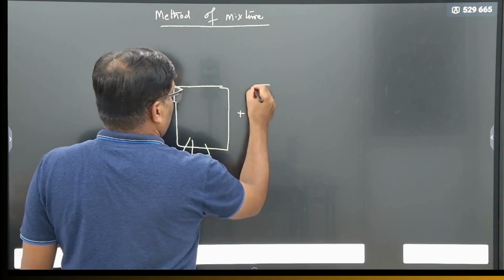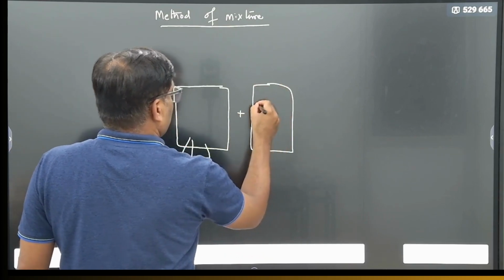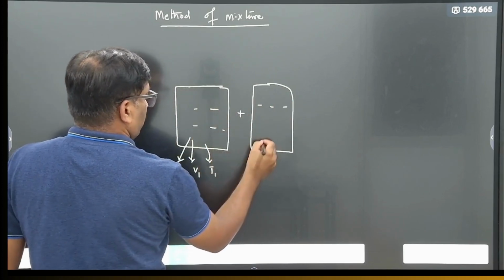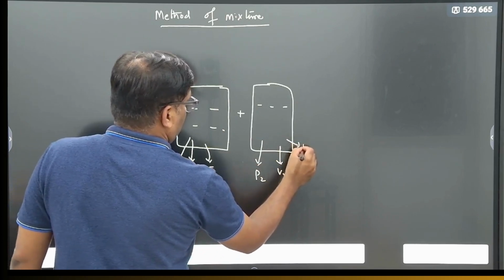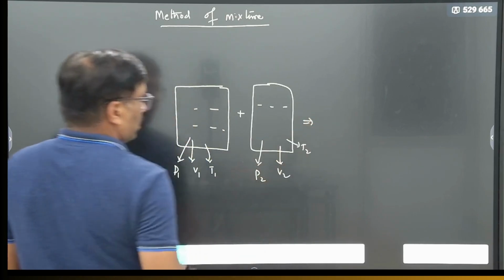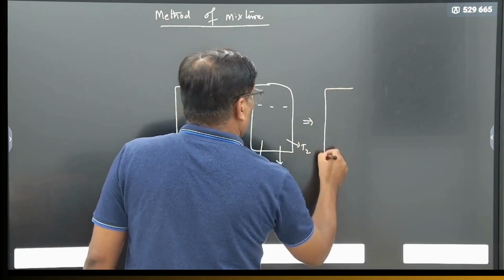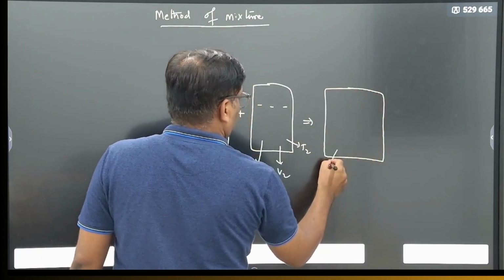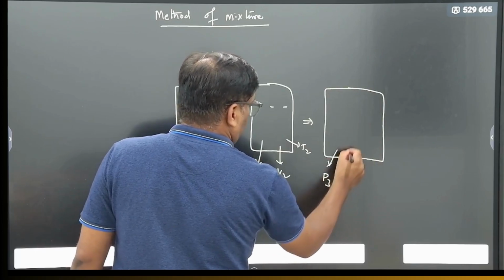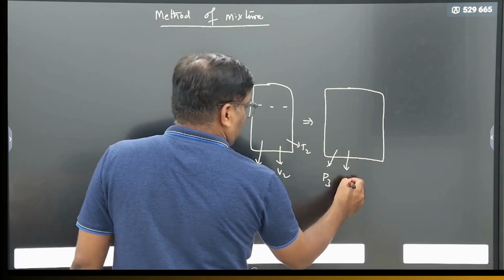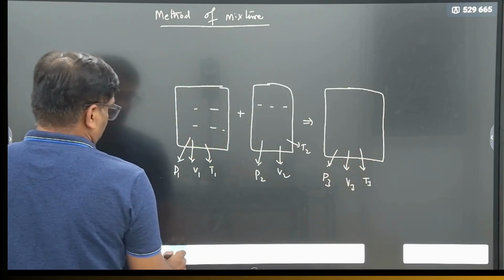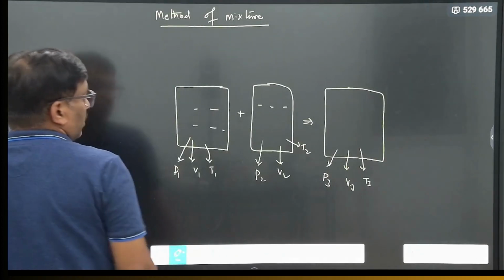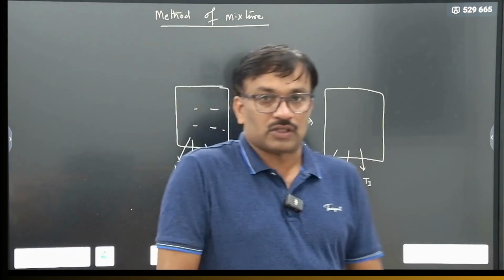Another container has some more gas at pressure P2, volume V2 at temperature T2. These two are combined in one more container, non-reactive, with final pressure P3, final volume V3, and final temperature T3. If these gases are mixed like this, what do we have to do?